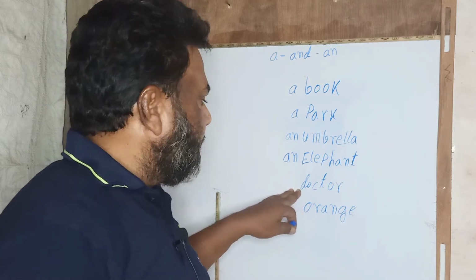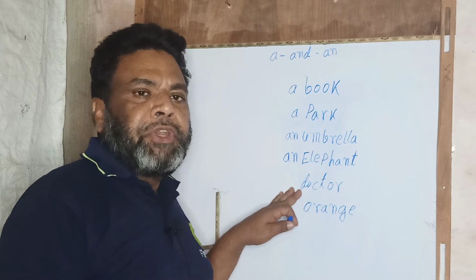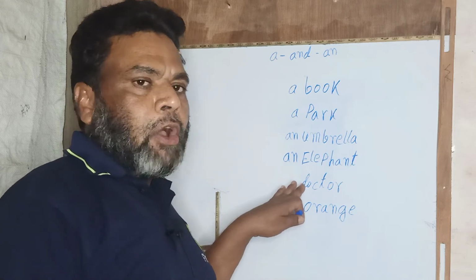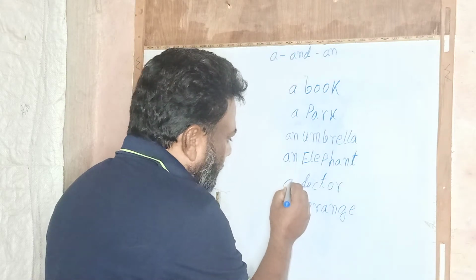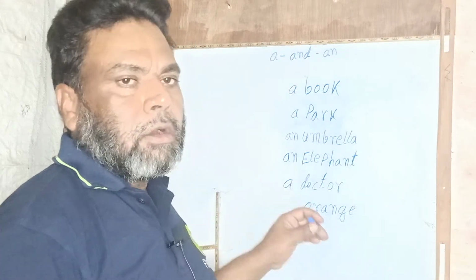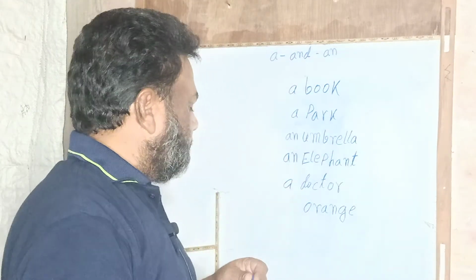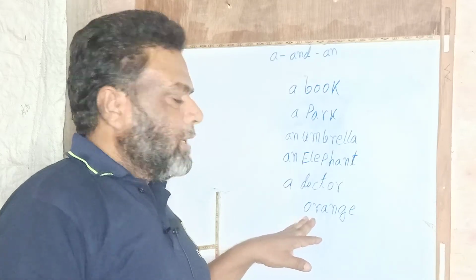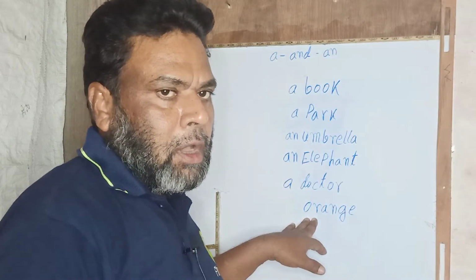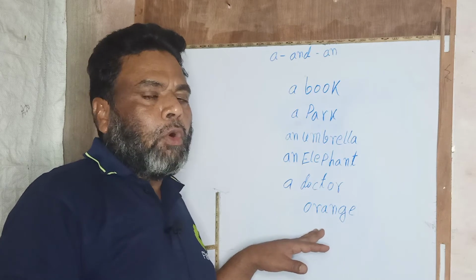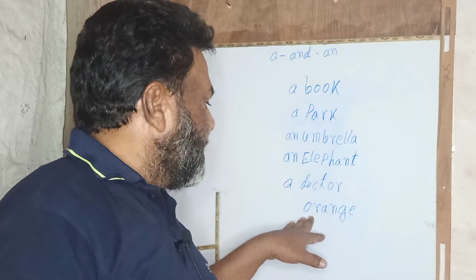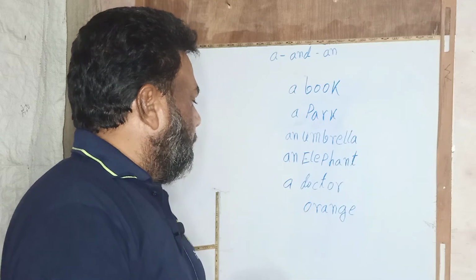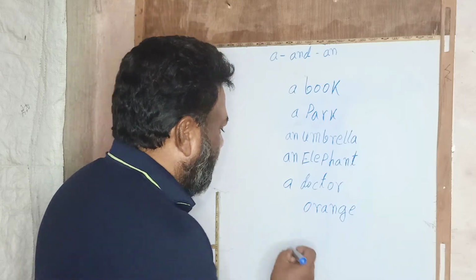Doctor starts with D. D is a consonant, so here we use a doctor. And the last word is orange. Orange starts with O, and O is a vowel, so here we use an orange.